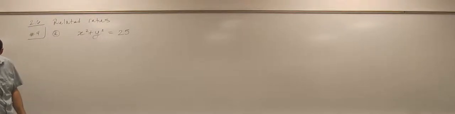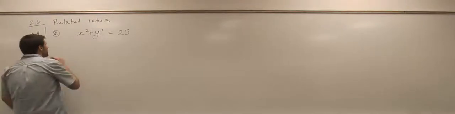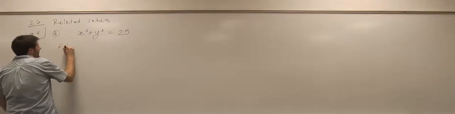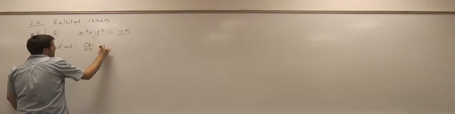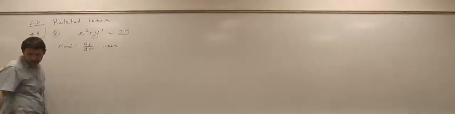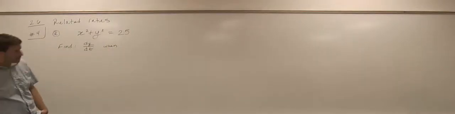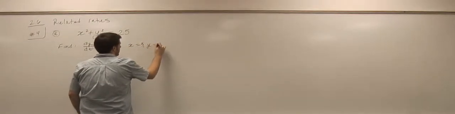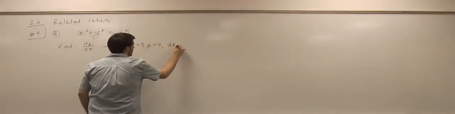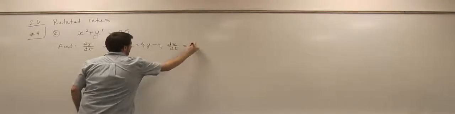That's part A. So it's asking to find dy/dt when x equals 3, y equals 4, and dx/dt equals 8.